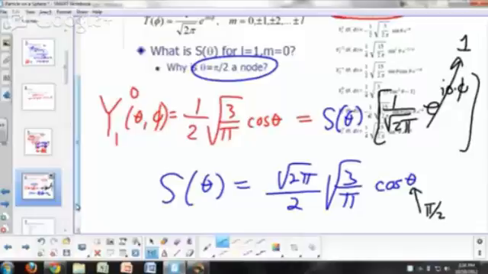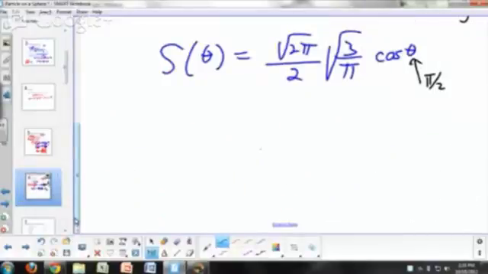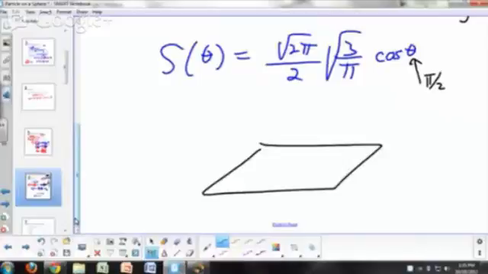What kind of surface are we describing when we say theta equals pi over 2? Remember the definition of theta? If this is your xy plane, this is your z-axis, what did you say theta was? The angle that you have to sweep to get to a point from the z-axis, right? So if you have to sweep an angle of pi over 2 in order to locate a point, which point are we referring to?